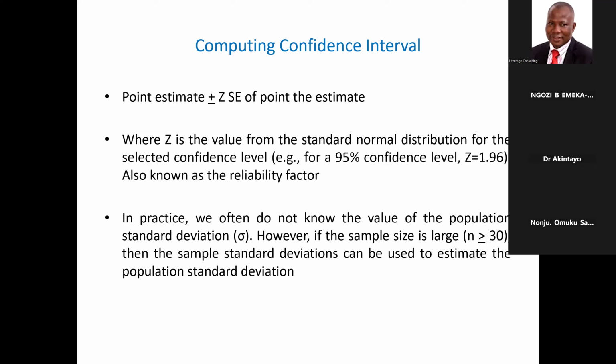I explained it when we were talking about probability and normal distribution. It's the same Z you see here. We have already said that between -1 and +1 standard deviation, we have 68.27%, while between -2 and +2 is 95.45%.